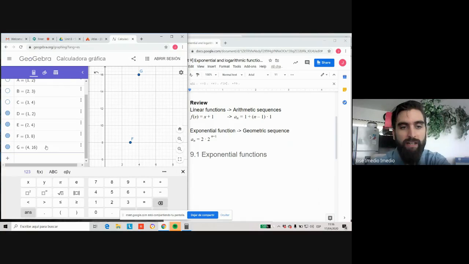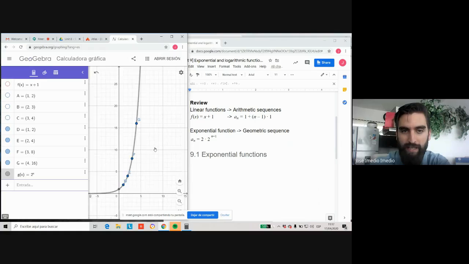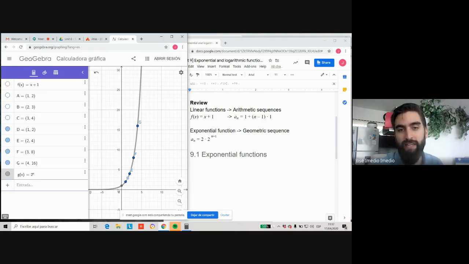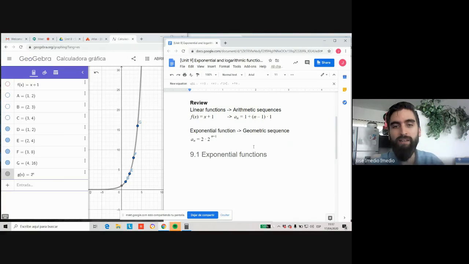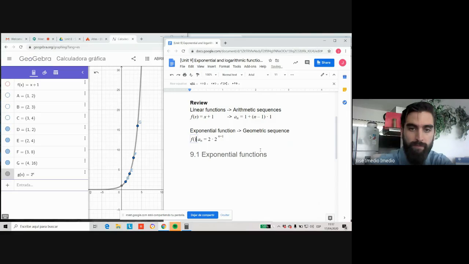So the way we write this as an exponential function is like that. Instead of using the discrete variable n, we are using the continuous variable x. I'm trying to leave it the same way as on top. So this is going to be 2 raised to the power of x.